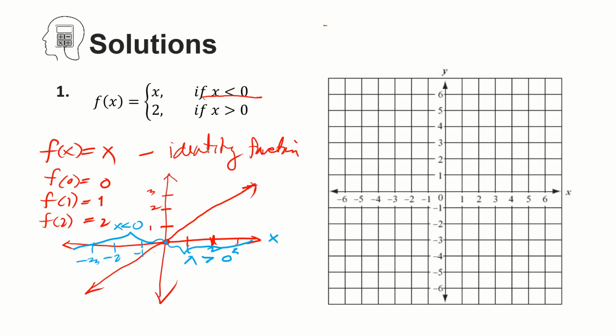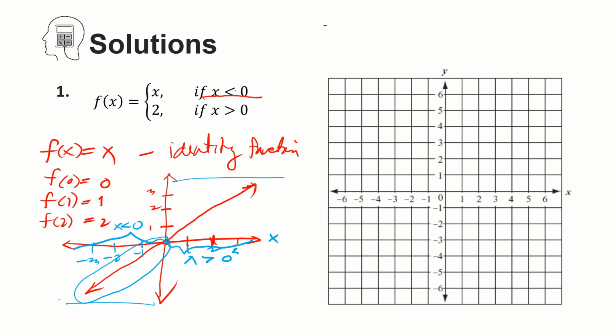So if we look at the condition, which part of the graph should remain and which part should be discarded? Which should we remove? Is it this part of the graph or is it this part of the graph? Since our condition for our identity function f of x is equal to x is x is less than 0, therefore we need to retain this side of our graph. So this is our 0.